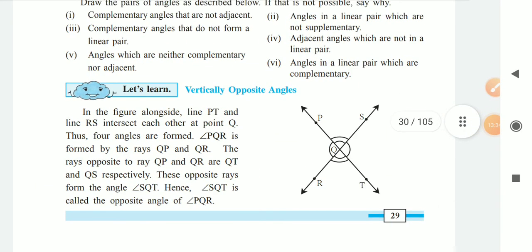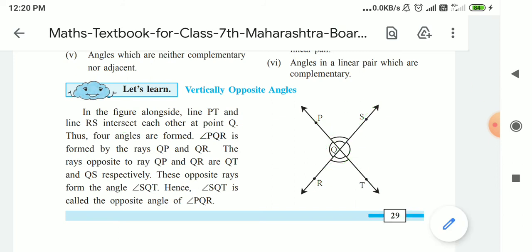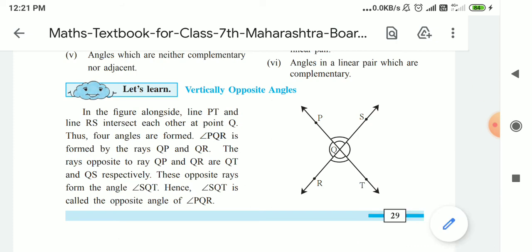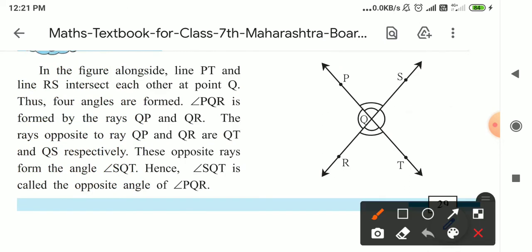Along with the figure, PT and RS intersect each other at point Q. At point Q, four angles are formed. Which four angles?